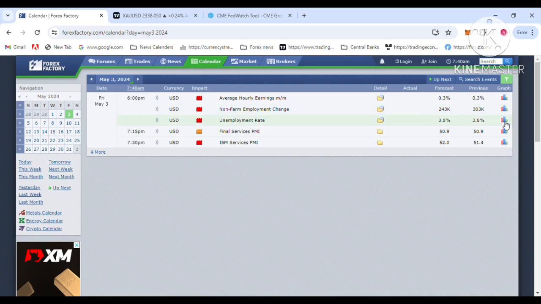The Fed expects it to drop to 243k, and the unemployment rate is 3.8%, with a forecast of 3.8% again. This labor market data is also next week, so you should watch these volatile US dollar events if you are trading gold.